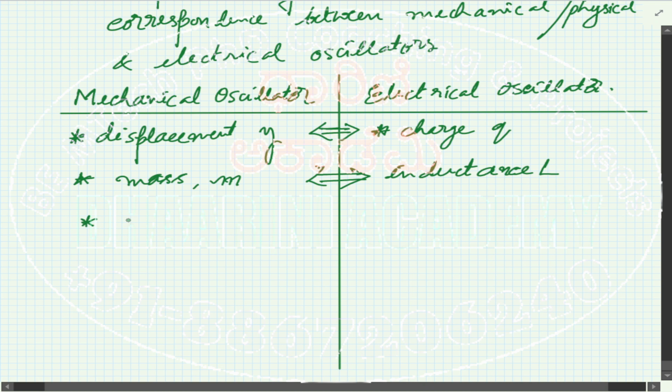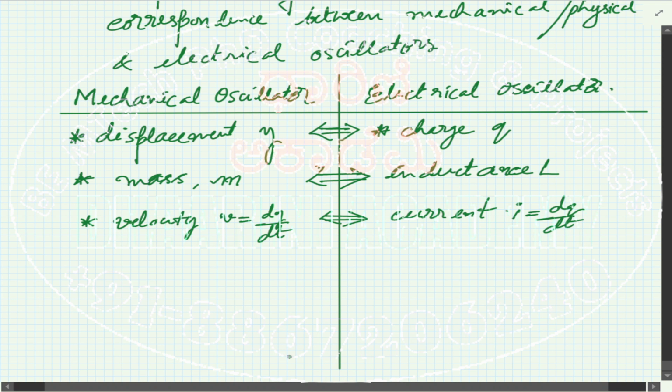Then we have velocity, that is v is equal to dy by dt, right? We can see that this is equivalent to current. So this is denoted by I, which is equal to dq by dt, since we have q here.